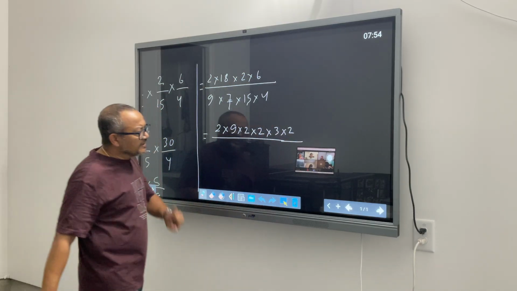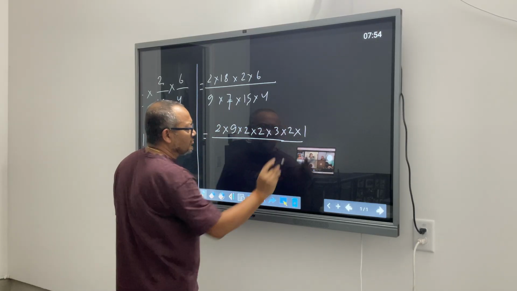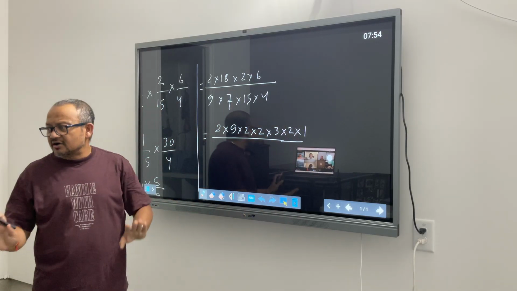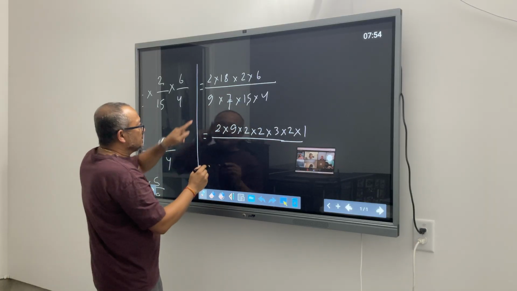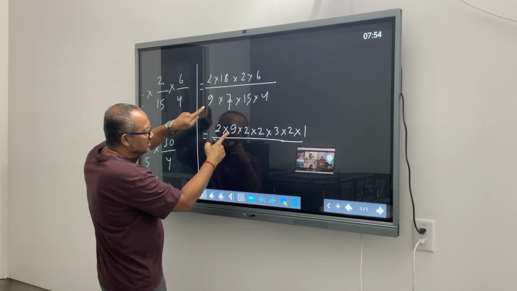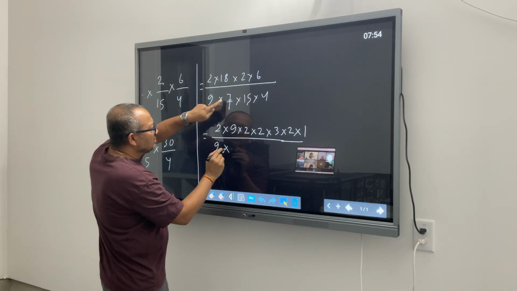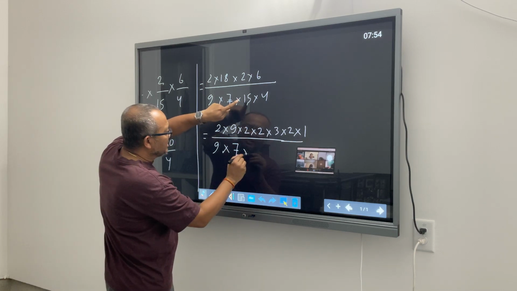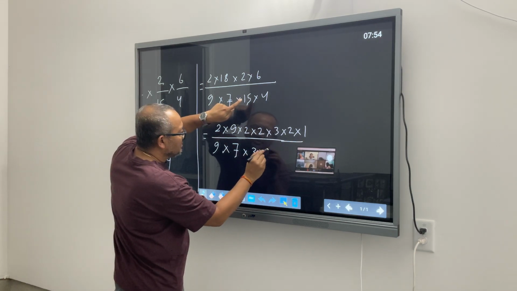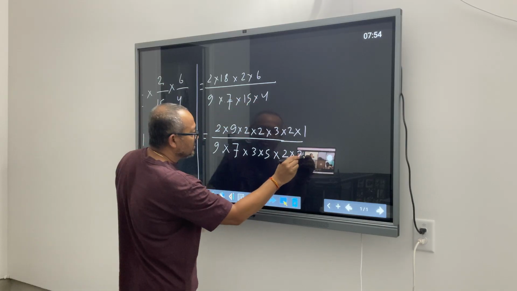And there is a safe technique. Once you have done everything, you can just multiply with 1, okay? Just putting one extra 1 doesn't hurt. Now, 9. I will not break 9 because I already have a 9 here, okay? So, I will write 9 as is. 7 also I cannot break. 15 I can break into 3 into 5. And then 4 I can break into 2 into 2.